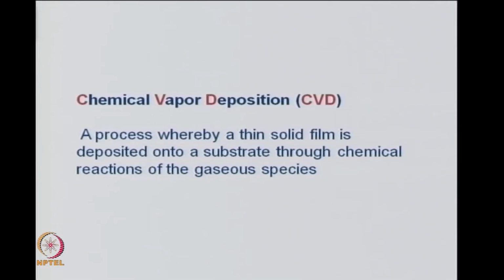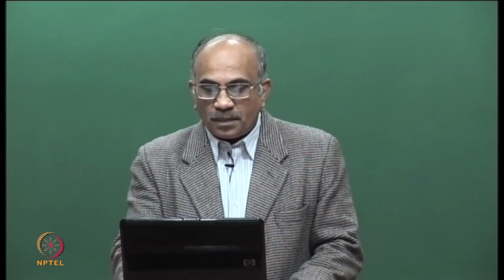You have a substrate which is a solid, and you want to deposit a thin solid film starting from a chemical precursor from which you generate gaseous species, and they will condense onto a substrate and give you a thin solid film which is nanostructured.